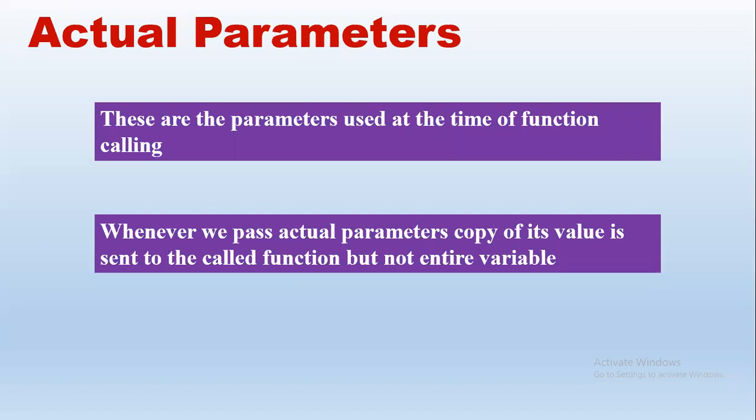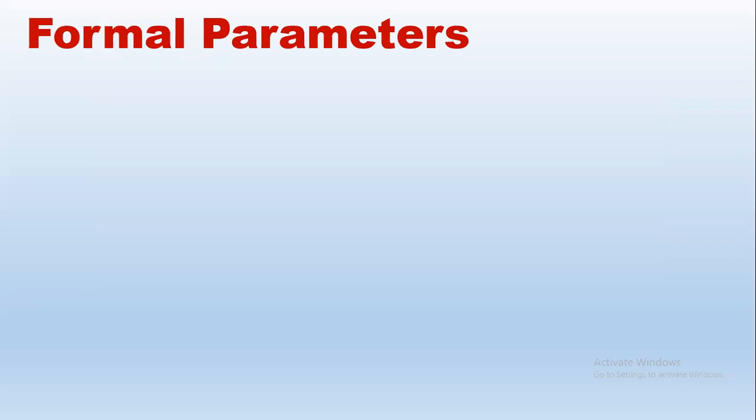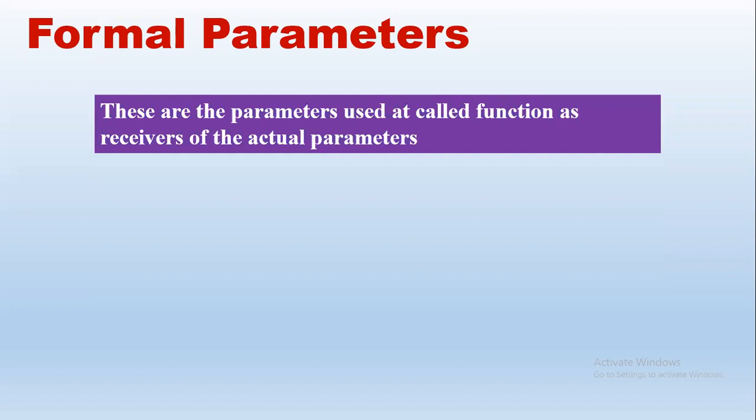Now these actual parameters have some value, it gets copied to formal parameters, right? So we don't send the entire value, a copy of it is given to what? To formal parameters. Formal parameters are the variables or parameters used in the called function, say add, right? So those are used in the called function. They are the receivers. From actual parameters, we will send a value and it is copied to formal parameters.